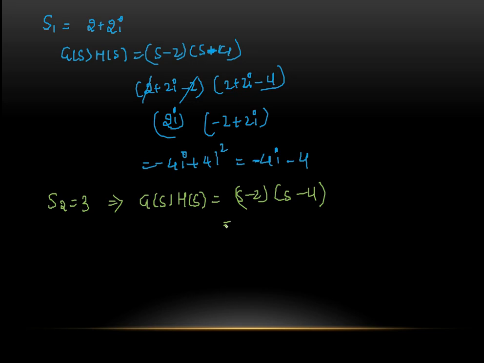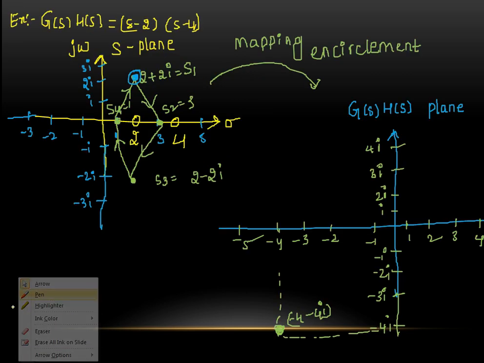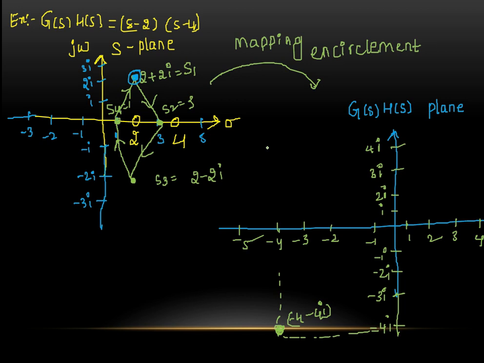In place of S, substitute 3. 3 minus 2 is multiplied with 3 minus 4. 3 minus 2 is 1, 3 minus 4 is minus 1. So we are getting minus 1. So locate minus 1 in the G of S into H of S plane. When S equal to 3, G of S into H of S will become minus 1. This is the second point.